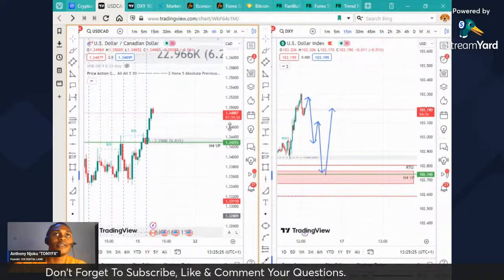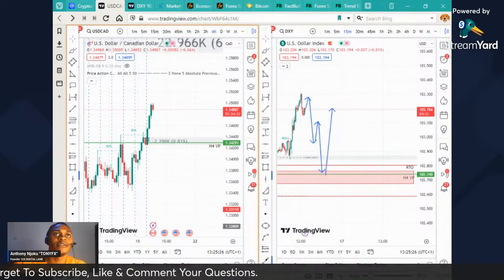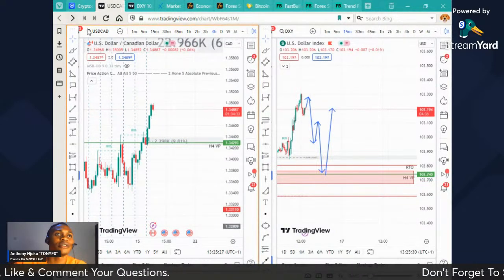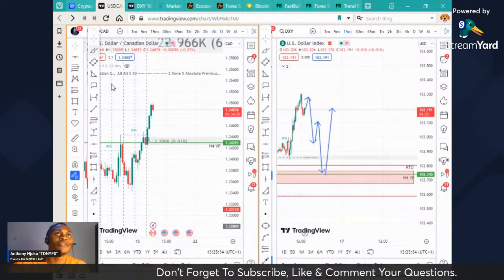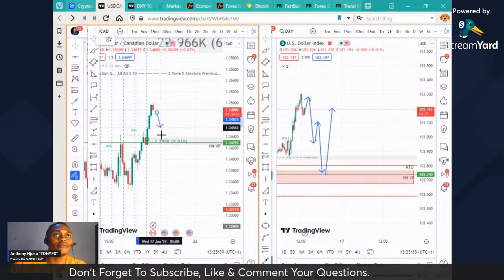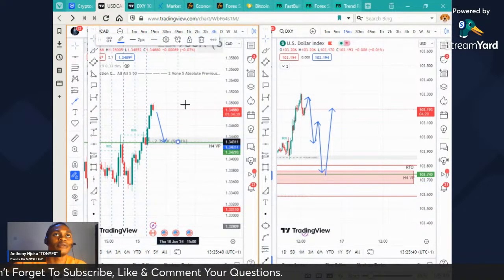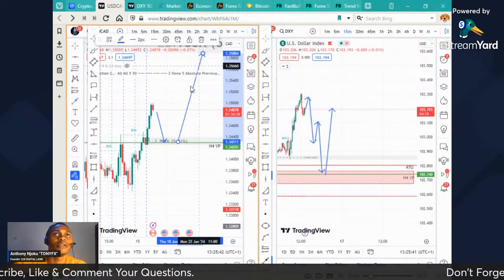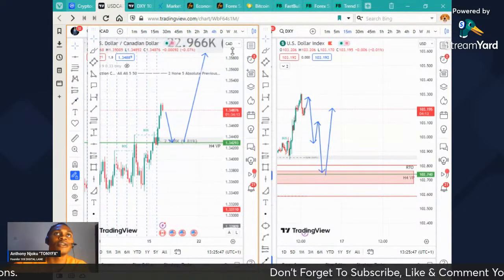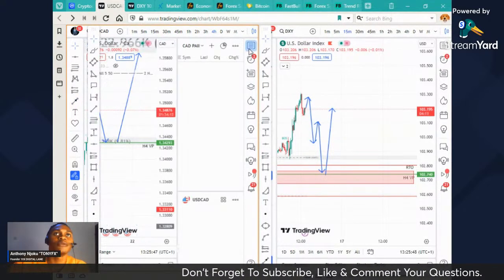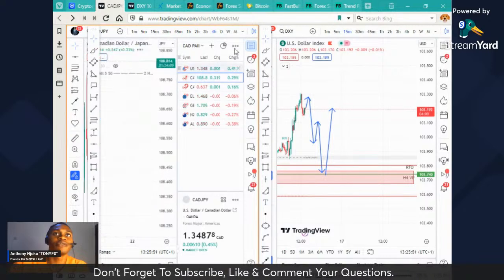Okay, what I see on USDCAD now is market needs to correct. After the correction is completed, then we can see more push up. That's what I see on USDCAD. So at this point, I will not do anything until it comes back to that zone.